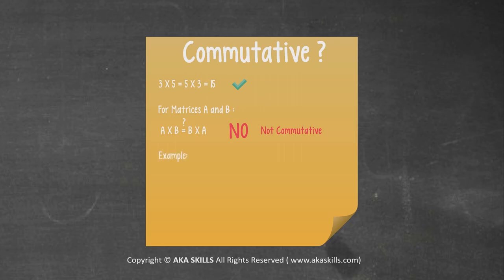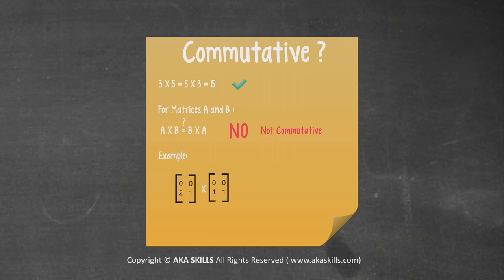Let's see an example. We have this 2 by 2 matrix multiplied by another 2 by 2 matrix. By the way, when the number of rows and the number of columns are equal, we say it's a square matrix.